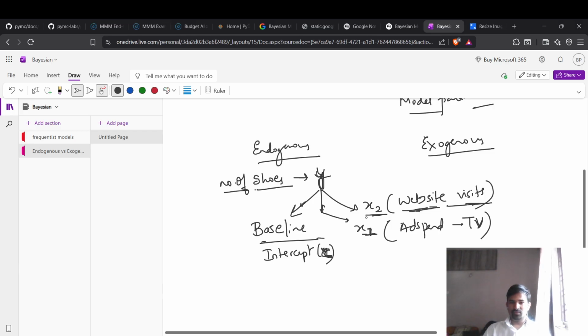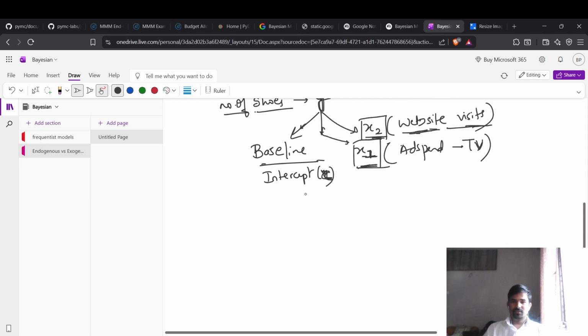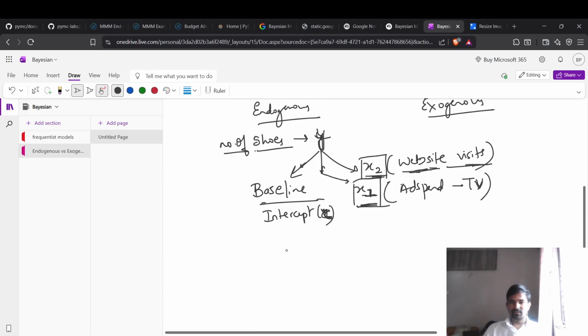Now if you look at these two variables, try to figure out whether these two variables are endogenous or exogenous. Let's try to understand the flow pattern. Initially you display your ad on TV. As soon as you display your ad on TV, it's not that the customer goes to your store and purchases.